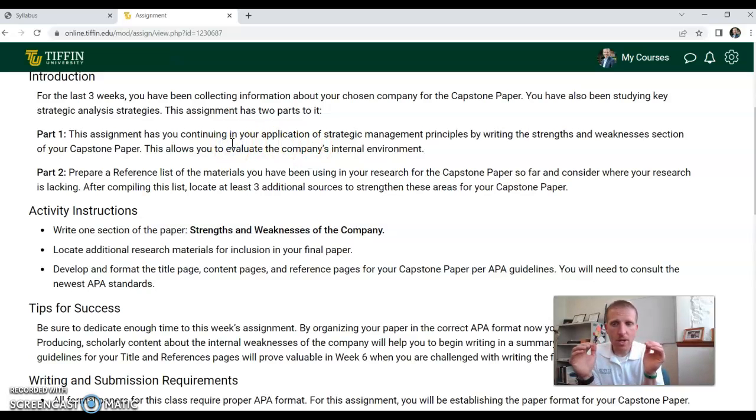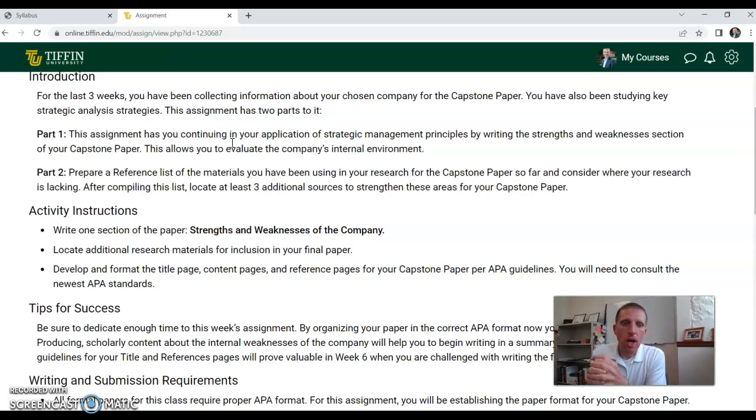So we want to have a succinct section written around those strengths and weaknesses for our company. The second part, and this is what I've had a few questions already from some folks on, is part two, preparing the reference list of the materials.